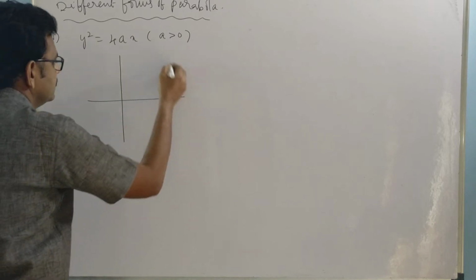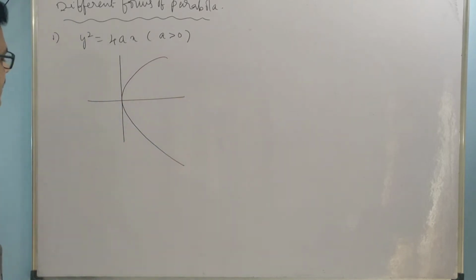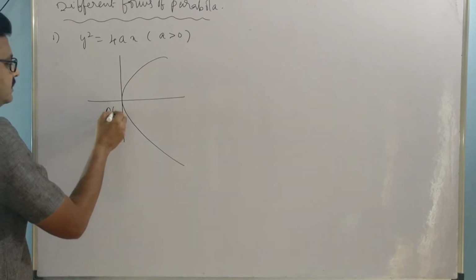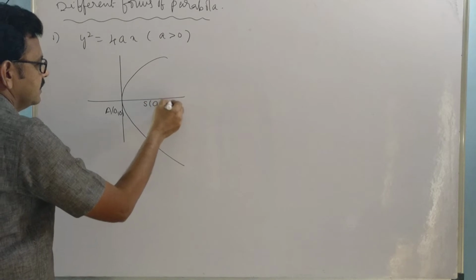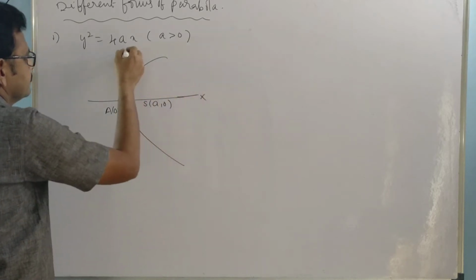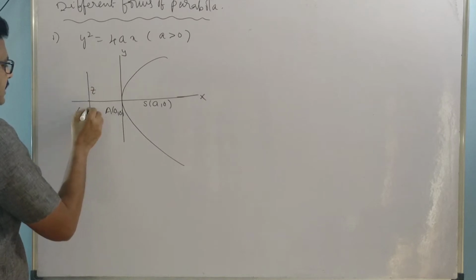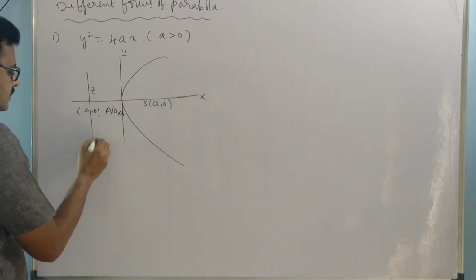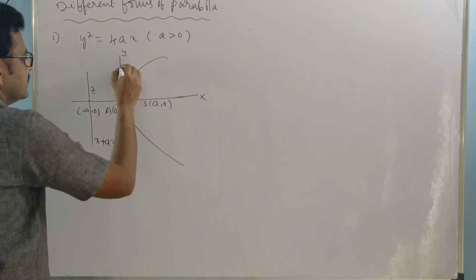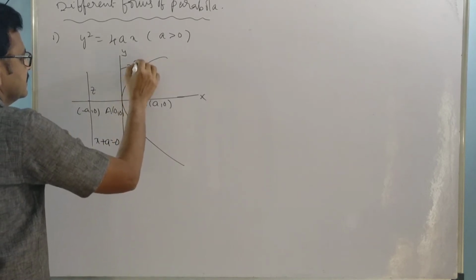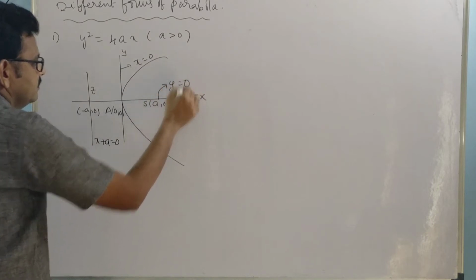Here the curve is symmetric about x-axis. Vertex is (0, 0), focus (a, 0), and the directrix meets x-axis at (-a, 0); equation of directrix x plus a equal to 0, equation of tangent at vertex x equal to 0, equation of axis y equal to 0.